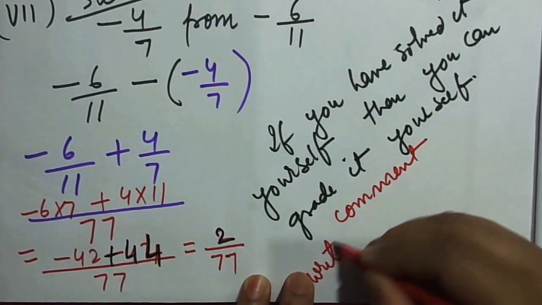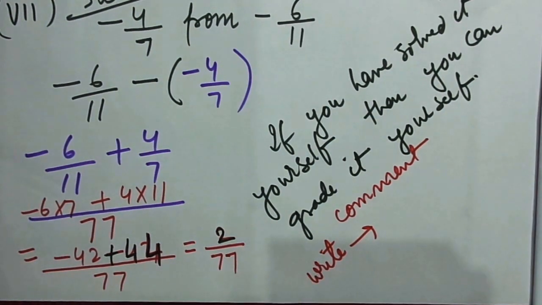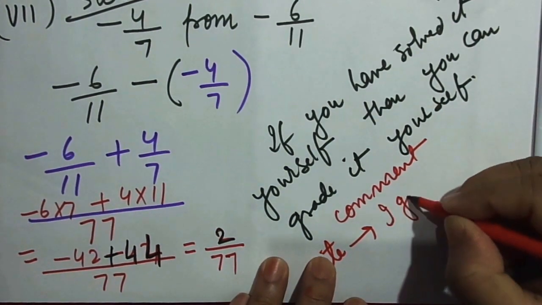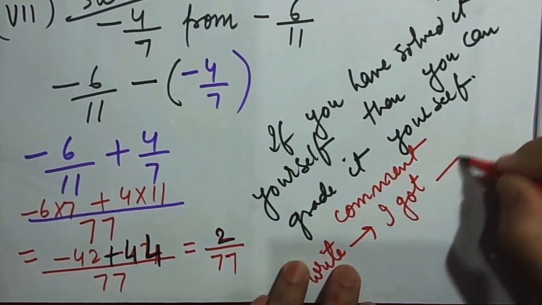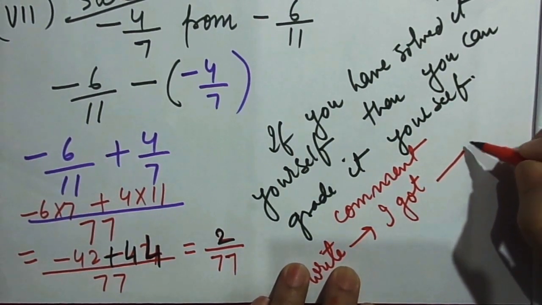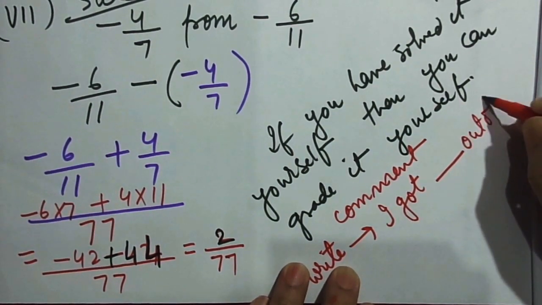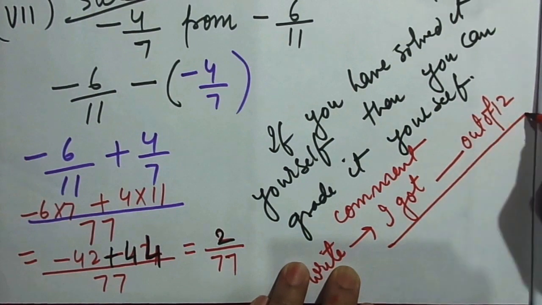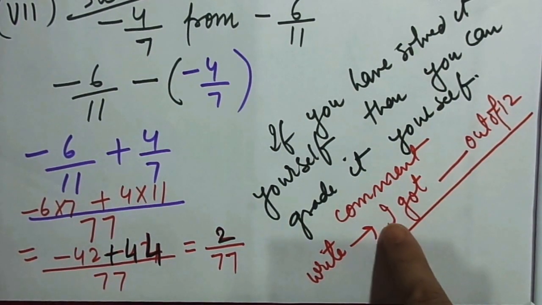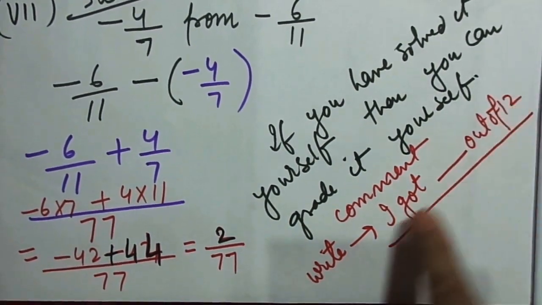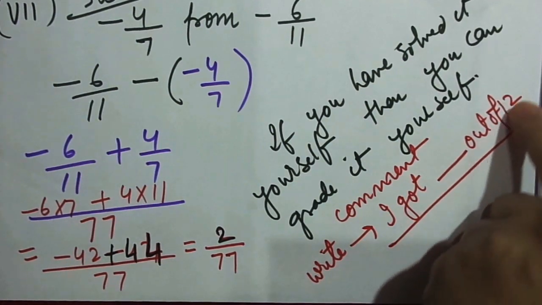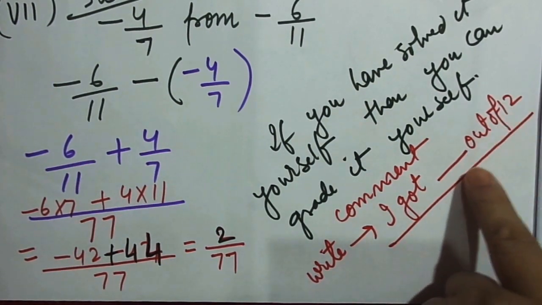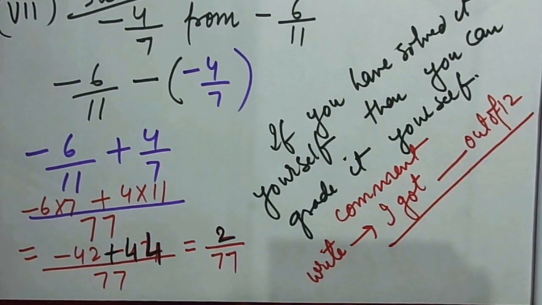What are you going to write? You will write that I got whatever number you get out of 12. So if you get 10, you will write I got 10 out of 12. If you got 5, you write 5 out of 12. If you got all of them correct, you will write 12 out of 12, isn't it?